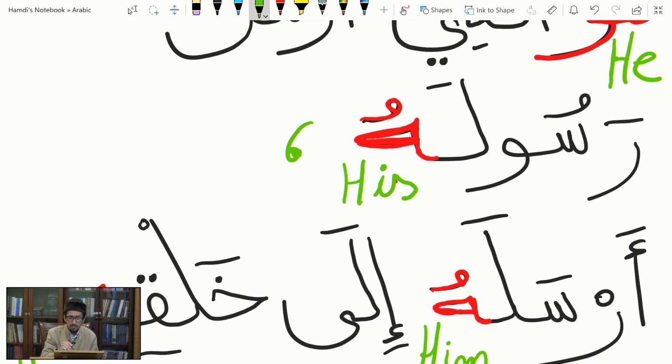Again, the pronoun هـ is attached to the word that comes before it, which is a noun. So the equivalent of his messenger in English is rasulahu. So we use an attached pronoun and we attach it to the noun.